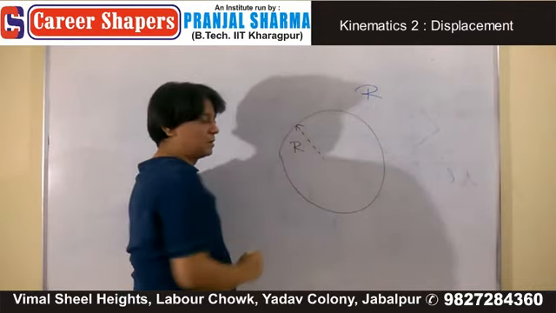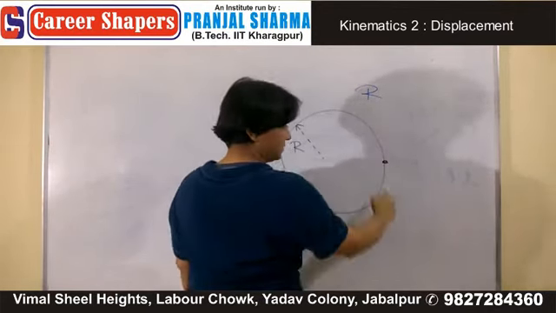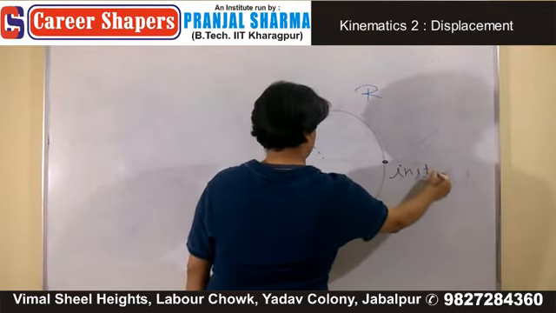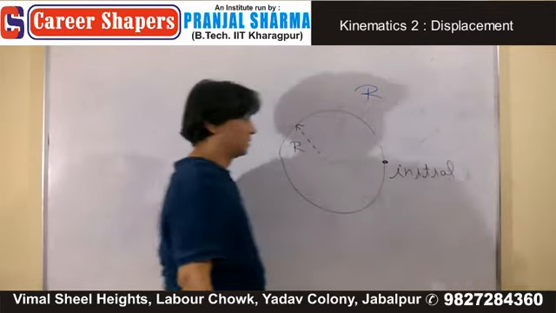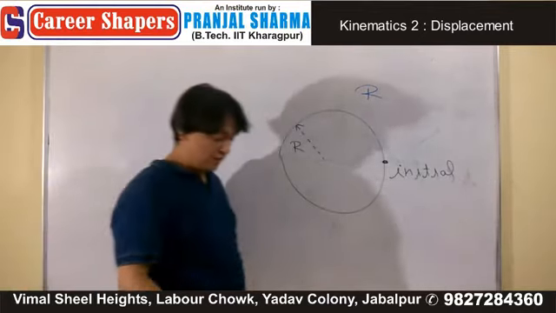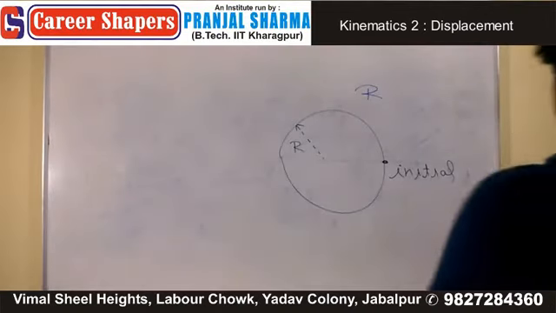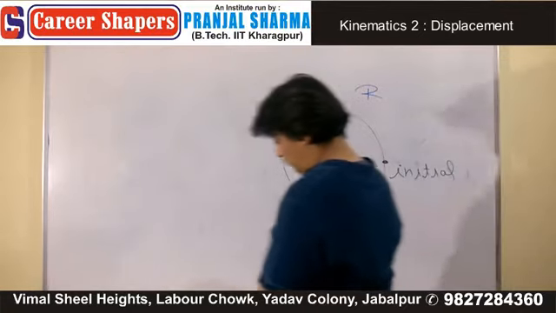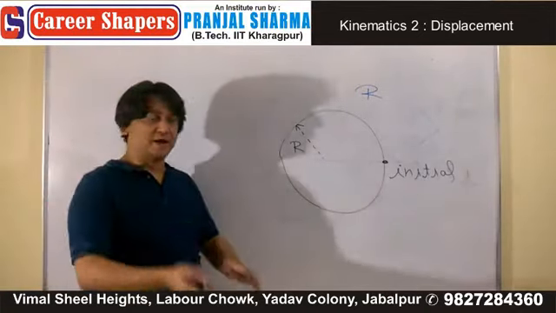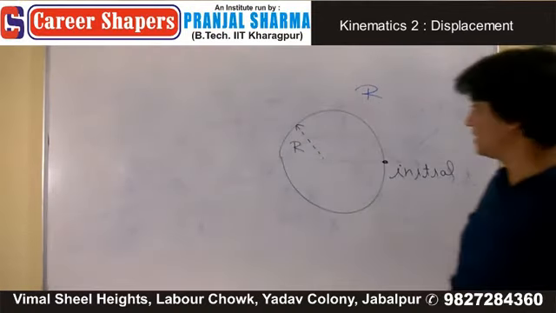This radius is r. This is the starting point, initial point. Find out the magnitude of its displacement.